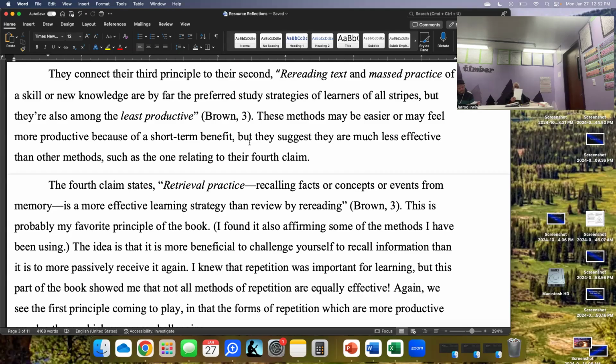The second one is spacing or spaced practice, which would be the tact of spaced sessions. And the third is interweaving, which would be the method of multiple subjects in a day of study, called mixing.